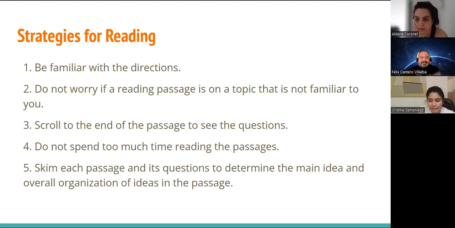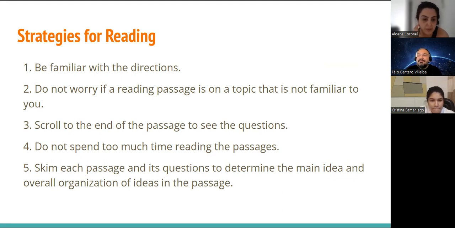So for the test, you have to do exactly the opposite. Like number 5 says, skim read. So you read the first and second sentence and the last sentence of each paragraph only. And then you go to the questions directly, see what the question is and start looking for the answer. That's the recommended way.